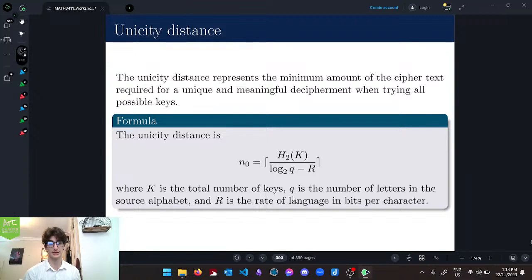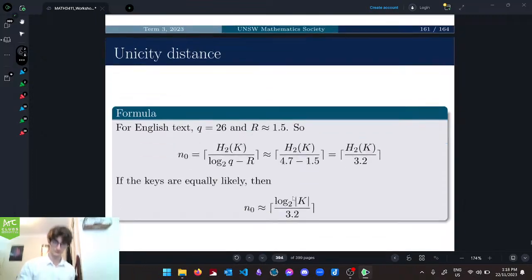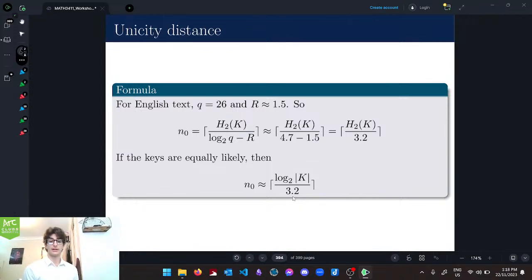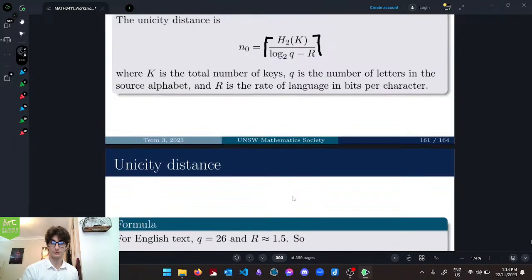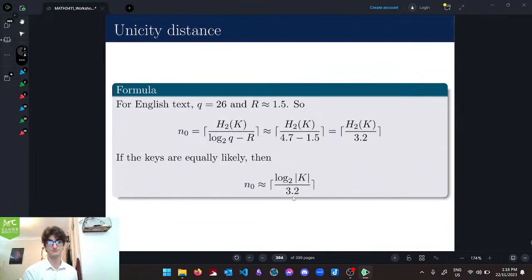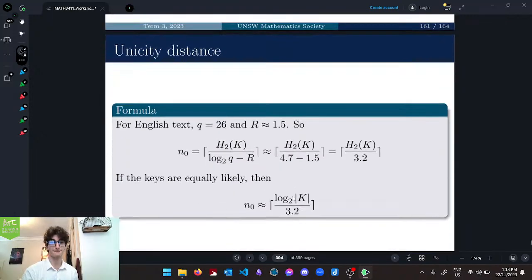So unicity distance as a formula is defined to be the ceiling of H(K) over log 2 q minus r, where k is the total number of keys, q is the number of letters in the source alphabet, and r is the rate of language in bits per character. So for an English text, such as an alphabet including 26 letters, our standard alphabet, and r around 1.5, we get n naught, which is our unicity.